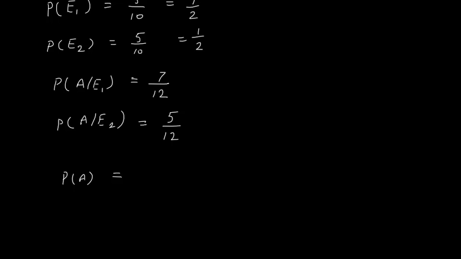So, probability of A is what? Using the total probability theorem, I will say that P of A is equal to P of E1 into probability of A given E1, plus probability of E2 into probability of A given E2.